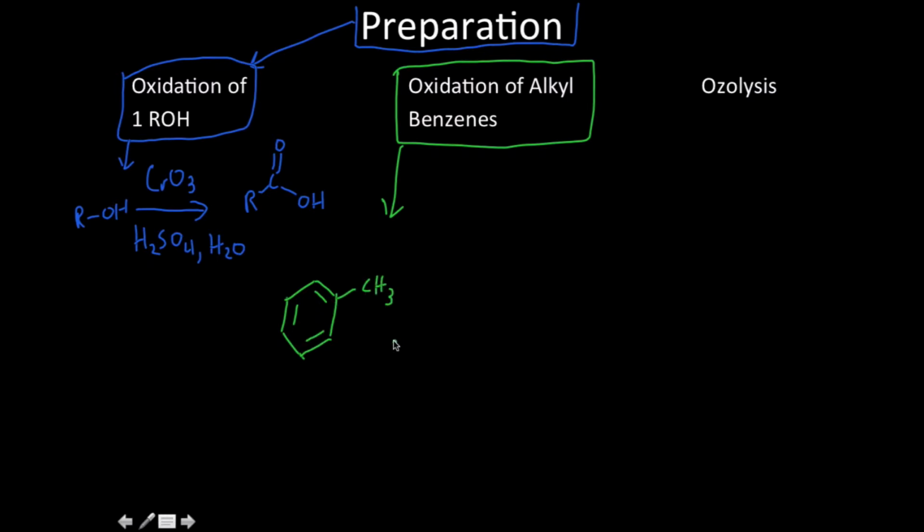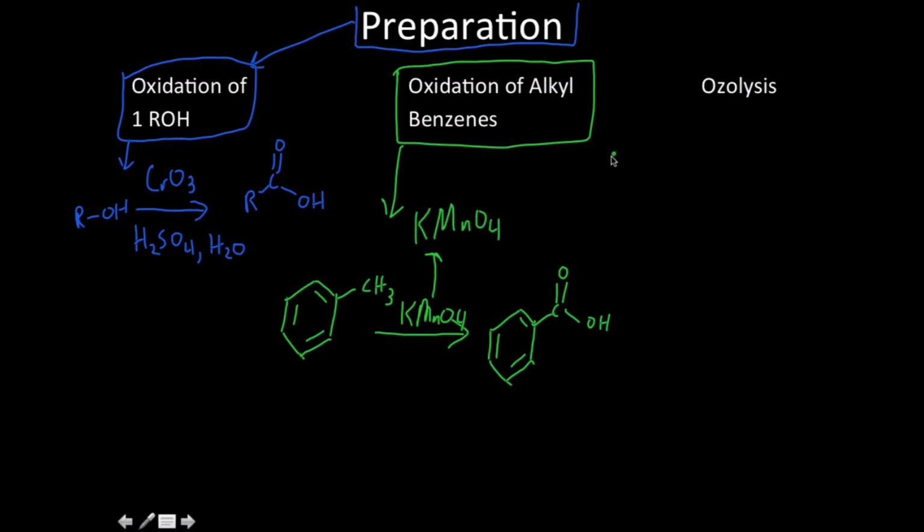So say you have a methyl group there, and I run this reaction with potassium permanganate. And what you get out of that is a carboxylic acid. I'm just going to redraw up here that my reagent for that reaction is potassium permanganate.